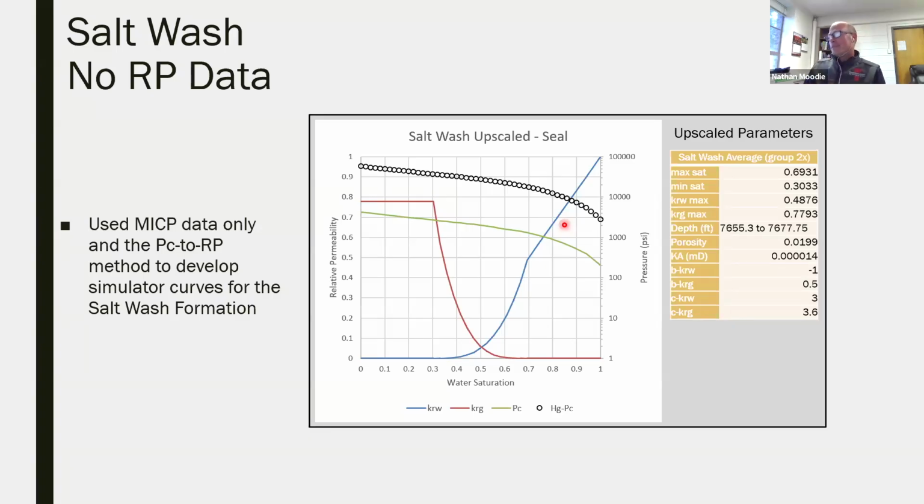So sometimes in the simulators, you do see the second phase intrude into the very bottom cell of your seal rock. And so it may be of interest for the researcher to have a relative permeability curve for their seal rocks. And this method can do that using just the capillary pressure curve.